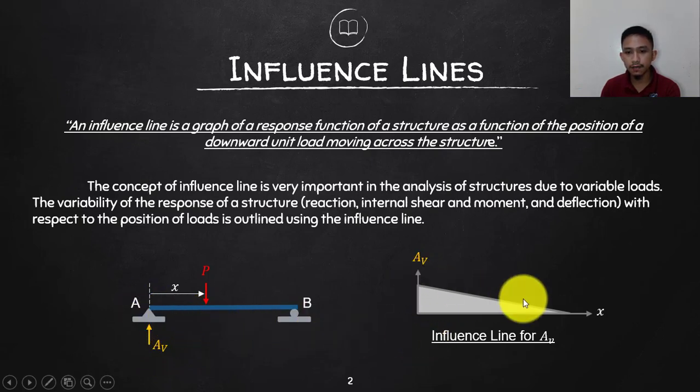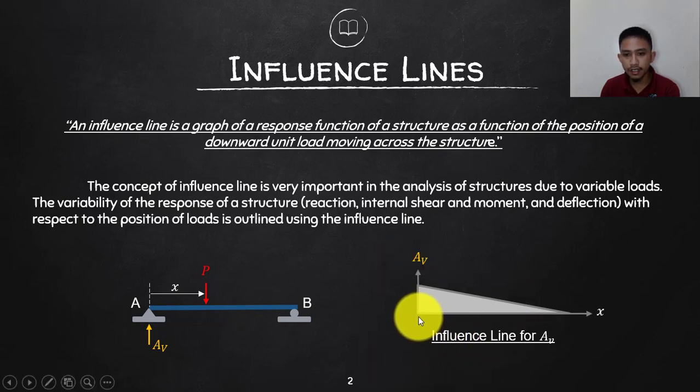Since the influence line outlines the entire effect as the load P crosses the entire structure, you can use that to figure out which position gives us the maximum response. So in this example, you can see the maximum is, of course, the largest ordinate. That is the maximum effect or the maximum response.